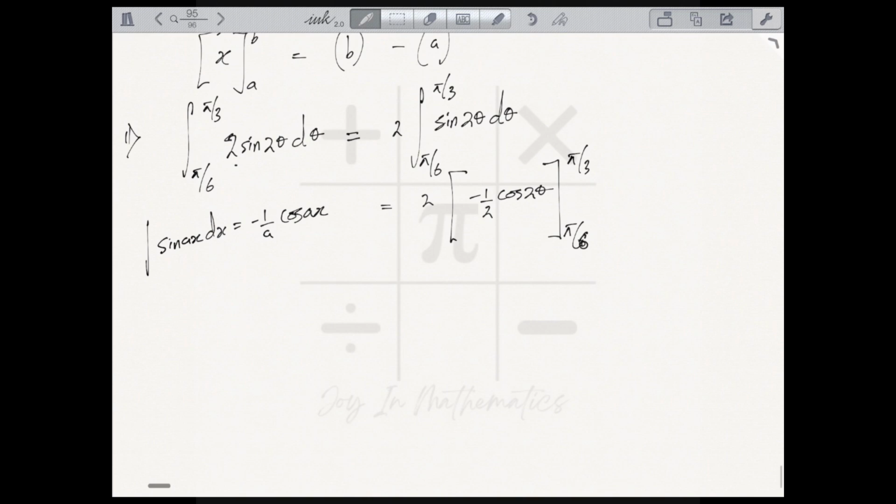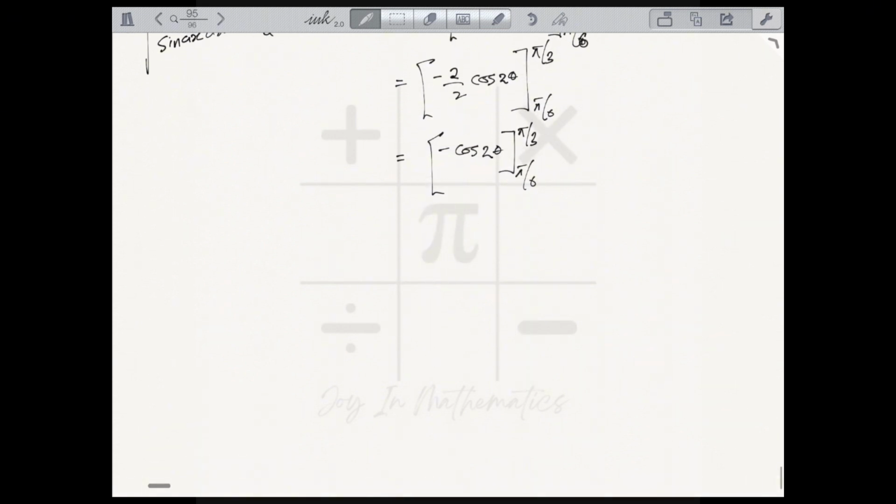Now let's multiply with the constant. That will give us minus 2 over 2 cos 2 theta from pi over 6 to pi over 3, and this will give us minus cos 2 theta from pi over 6 to pi over 3. Now we are left with the job of substituting the upper limit and the lower limit.